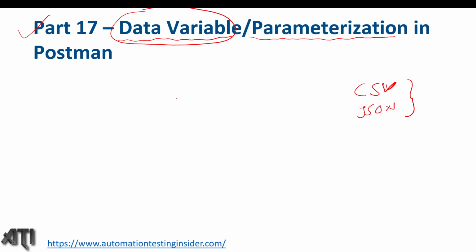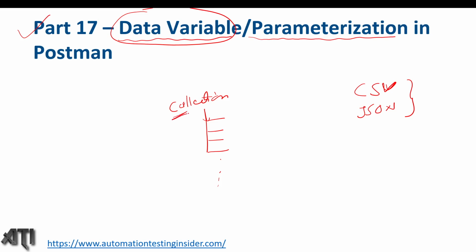Okay, so what is a collection? A collection in Postman consists of different HTTP requests like get, post, put, patch, delete. We have a separate, different set of HTTP requests. So a collection is nothing but a set of different HTTP requests. Correct.